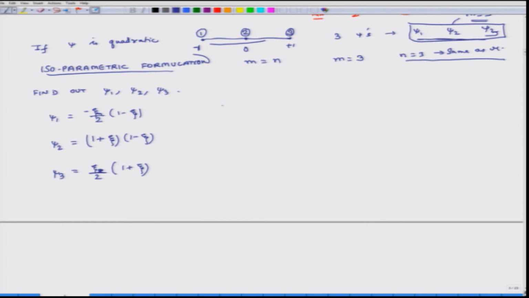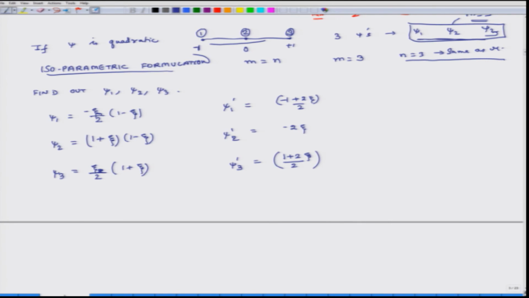So, now I will calculate their derivatives with respect to zeta. So, this is minus 1 plus 2 zeta by 2, this is minus 2 zeta, and this is 1 plus 2 zeta by 2.